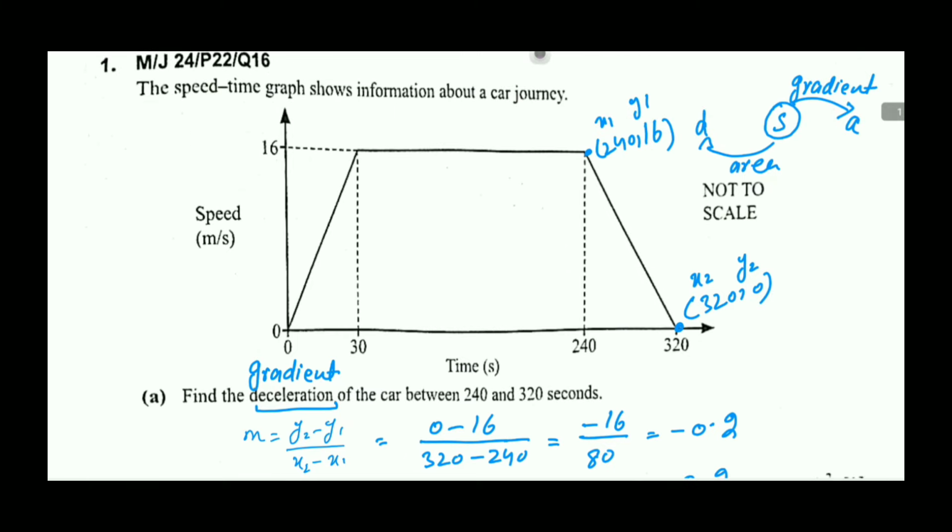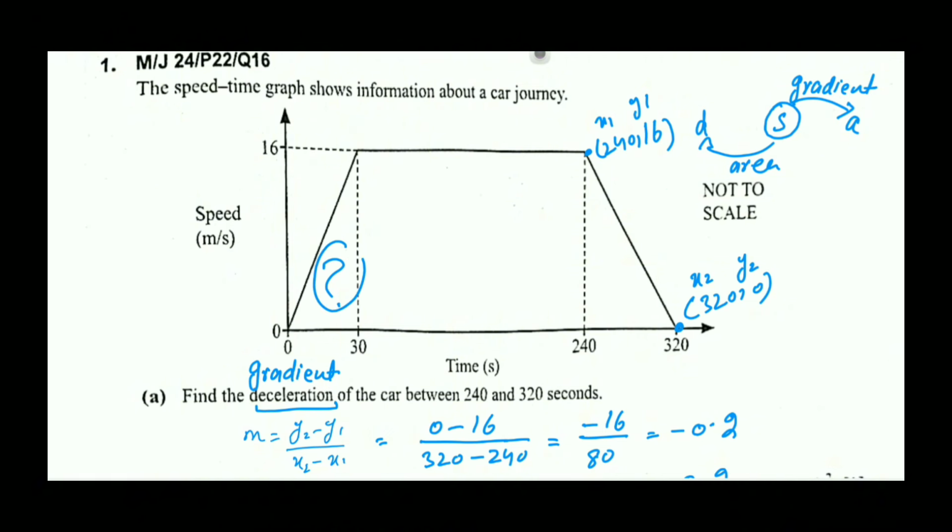So how do you find the area of the total graph? You can split it into different parts, like a triangle plus a rectangle plus a triangle. You can find these three areas and add them to find the total area. Or you can split it into two parts: this triangle and a trapezium.